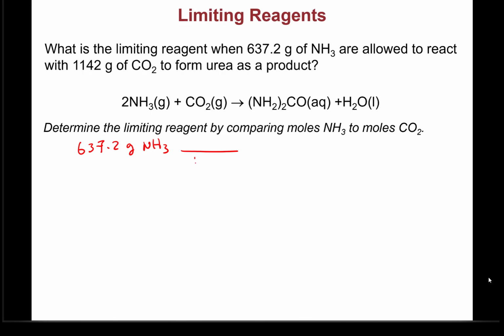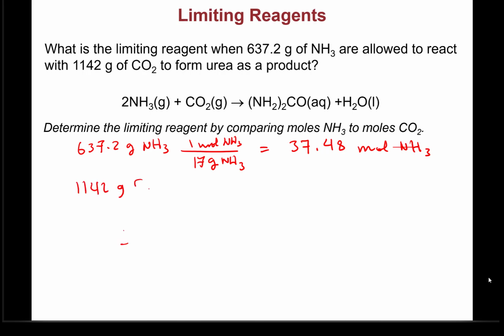So it's going to be 17 grams of ammonia per 1 mole of ammonia, which is gonna give us a number of moles in 637.2 grams of ammonia, which is gonna be 37.48 moles of ammonia.